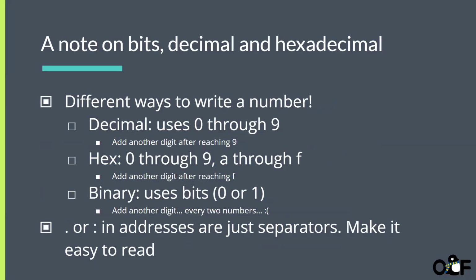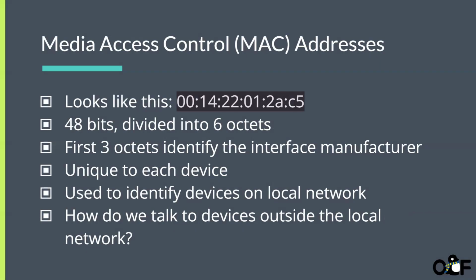For MAC addresses, is it per physical device, or if you have a VM, will it also have a MAC address? I believe it's unique per network interface, so every hardware interface. I believe you can have a virtual interface with a distinct MAC address, but I'm not entirely sure.